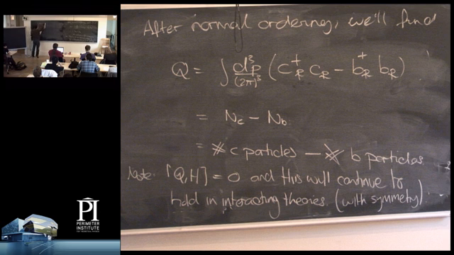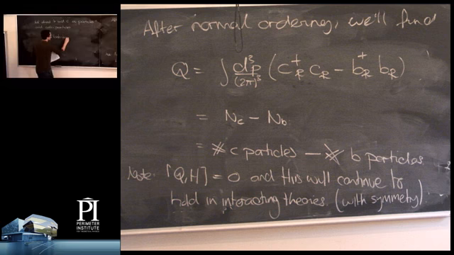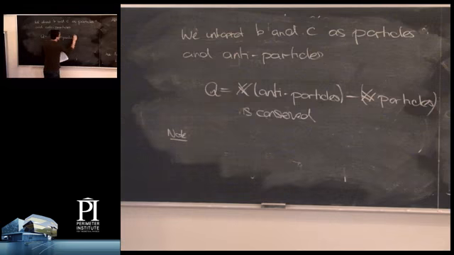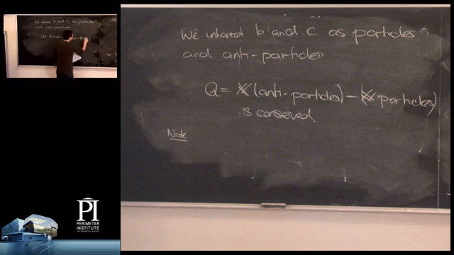So we interpret B and C as particles and antiparticles. And then Q, equal to the number of antiparticles minus the number of particles, is conserved.